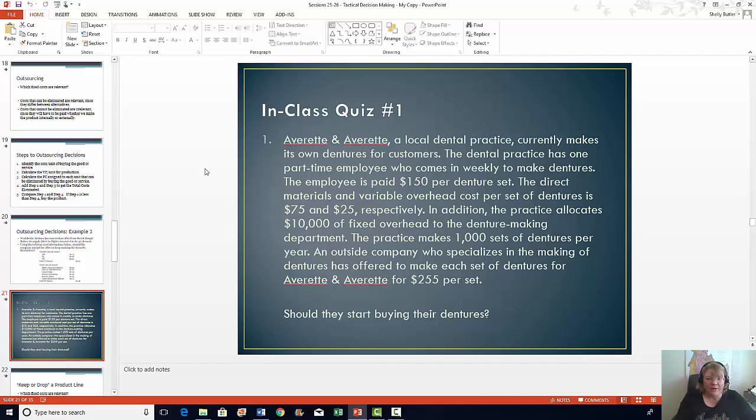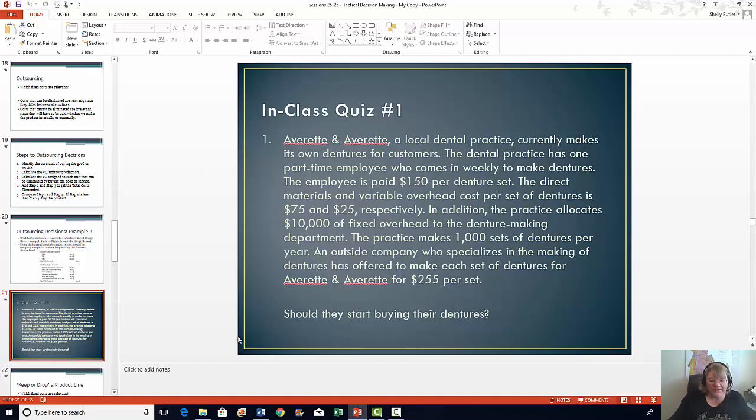In addition, the practice allocates $10,000 of fixed overhead to the denture making department. The practice makes 1,000 sets of dentures per year. An outside company who specializes in the making of dentures has offered to make each set of dentures for Avret and Avret for $255 per set, should they start buying their dentures.